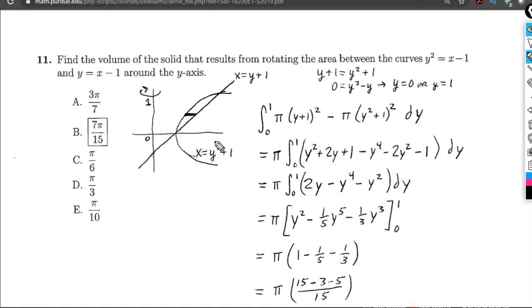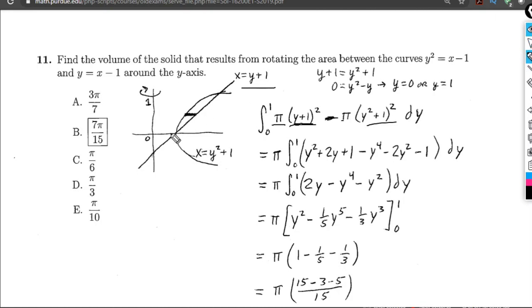I will go on to the blank page and do cylindrical shells. If we rotate around the y-axis, then the equation above would be the line x equals y plus 1. Seen here, that would be the radius put in, and pi radius squared minus pi radius squared of the lower equation, and it simplifies into an integral.